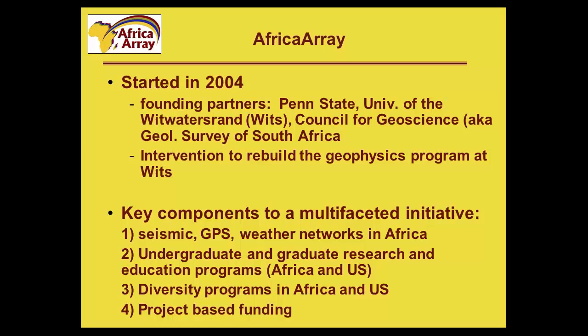In terms of students completing degrees, WITS University is on the British system, so they teach geophysics as a 4th-year degree, a BSc honors degree. We've had over 60 students graduate, 19 masters, 12 PhDs, and we've supported 13 postdocs. And in our diversity program here in the U.S., we've supported over 103 minority students.